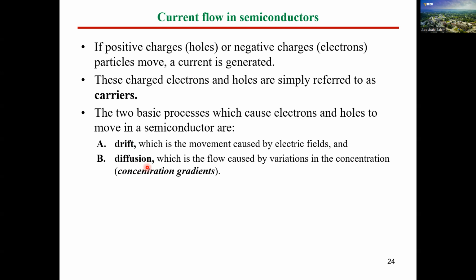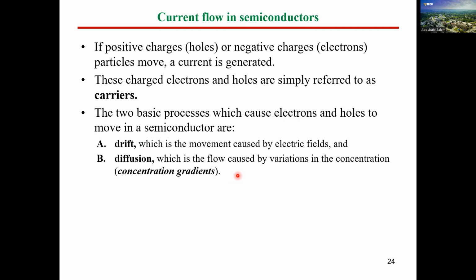So what is drift? Drift current, or the drift phenomenon, is the movement caused by electric field. What is diffusion? Diffusion is the flow caused by variations in the concentration of a semiconductor material, or the concentration gradient. Gradient is like change in concentration, but not versus time. It's going to be versus distance.